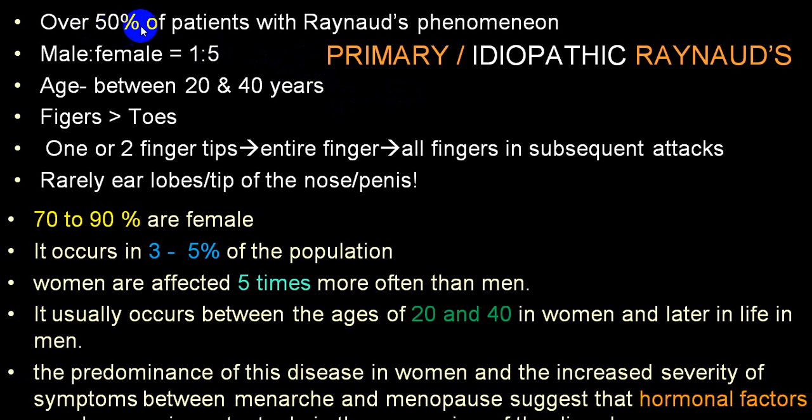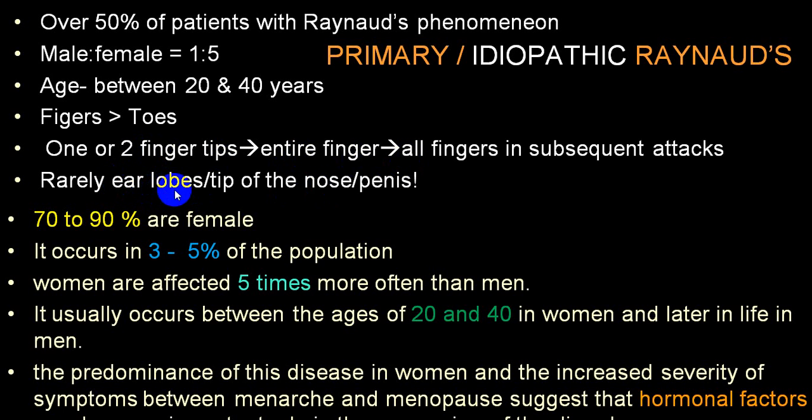In 50% of patients with Raynaud's phenomena, the male to female ratio is almost 1:5, age 20 to 40. Fingers are more affected than toes. One or two fingertips or the entire finger may be affected.